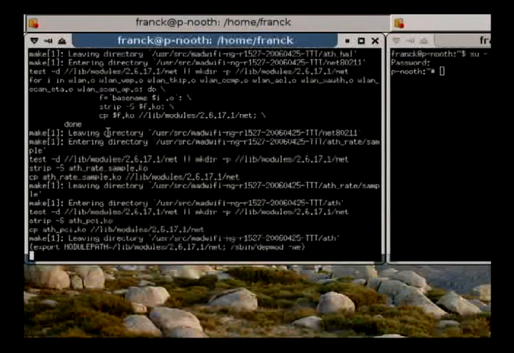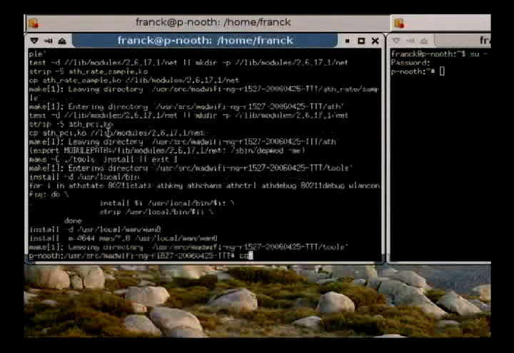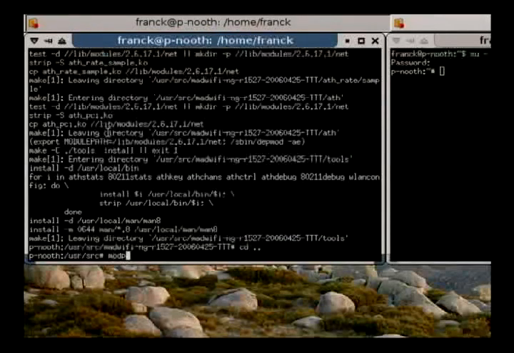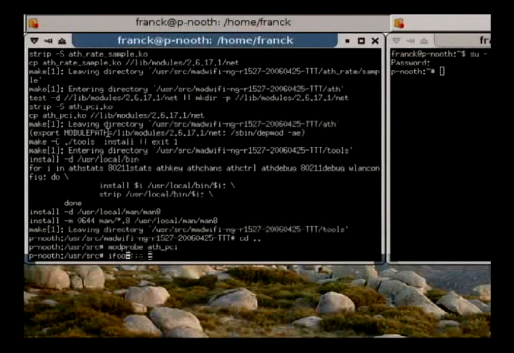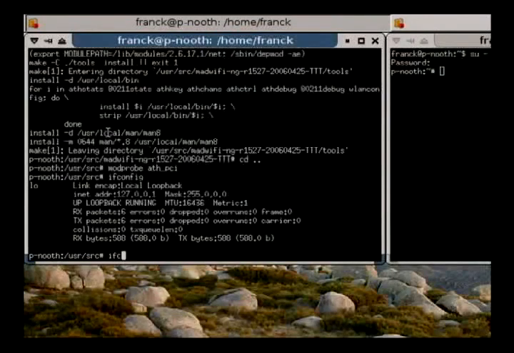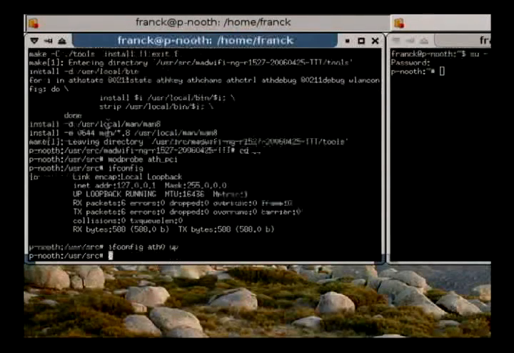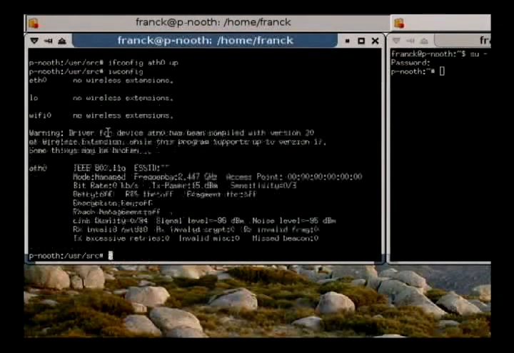There we go. So I still have my Wi-Fi interfaces.